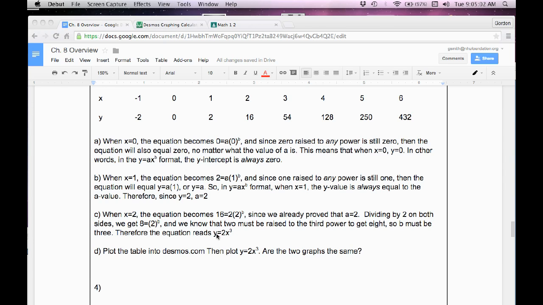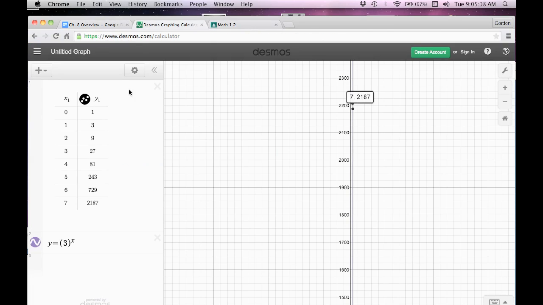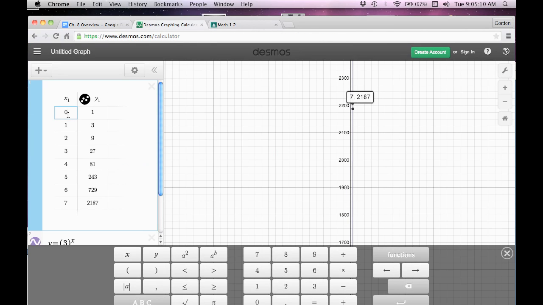Okay, so then we're going to plot this into Desmos to be sure. So we got x values negative 1, 0, 1, 2, 3, 4, 5, 6.